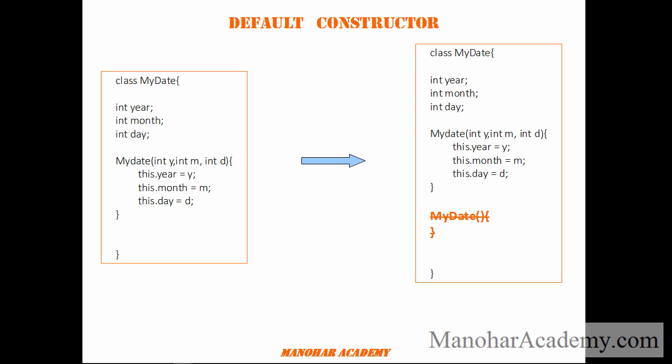So the compiler thinks, okay, the developer has already taken care of the construction part, so I should not include any default constructor. The developer doesn't want it, so I should not provide it. So if you try to call the default constructor, it is going to be a compilation error. You can't call it because it's not there. You did not create it, and the compiler won't provide it in this case. But you can very well call the constructor that you have defined, that is the constructor which takes 3 arguments.